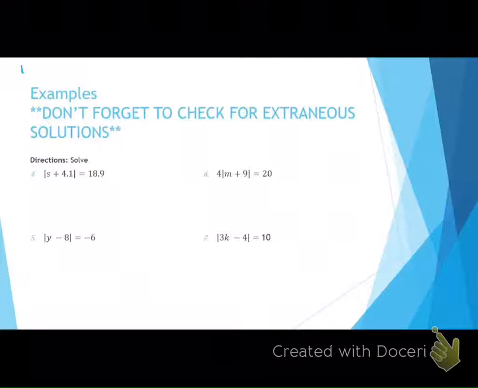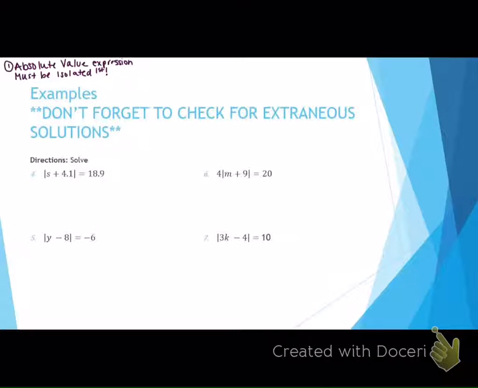So number 1, the absolute value expression must be isolated first. No matter what you're doing, your absolute value expression must be isolated first.